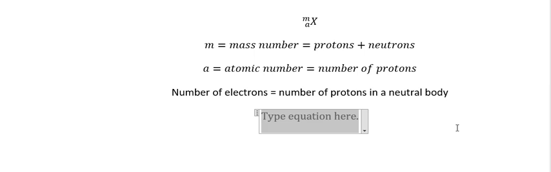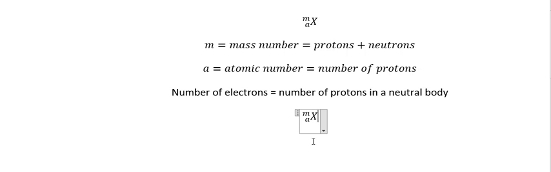Now let's take the first one. The first one is uranium, 235, 92. This is the symbol of uranium, though you don't need to know it for now. You just have to know how to calculate. The first question is U. This X has been replaced by U, and we have 235 and 92.